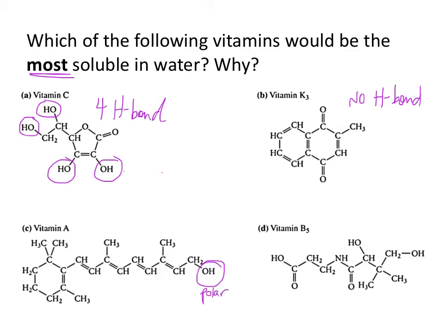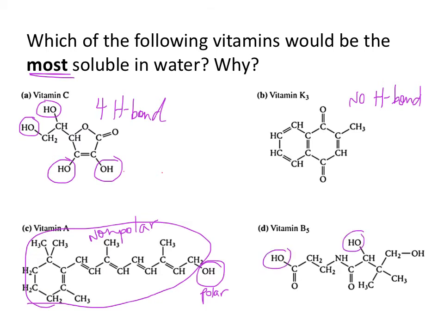But just because there's a polar end, this entire rest of it is totally nonpolar. So the majority of the molecule is completely nonpolar. There's no way that's going to dissolve in water. And then finally for B5, I see an OH, an OH, an OH, and an NH. So there's again 4 spots for hydrogen bonding.